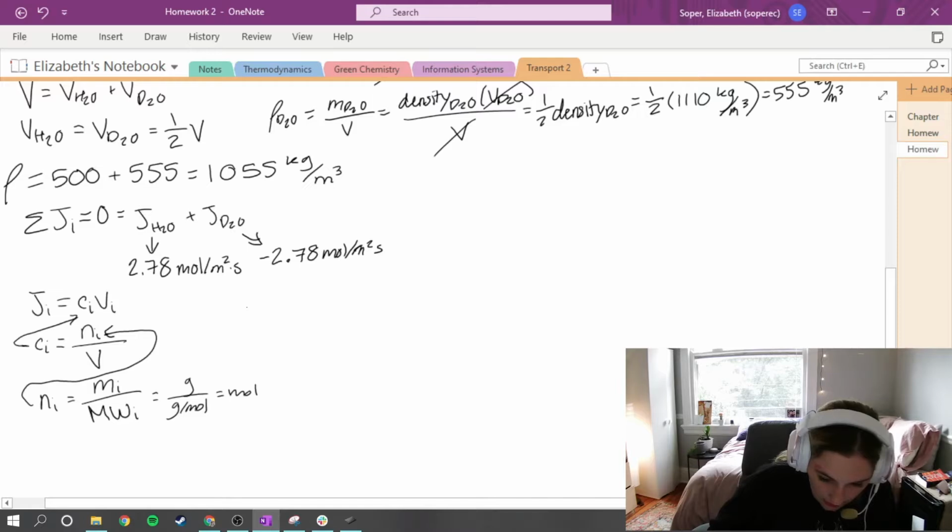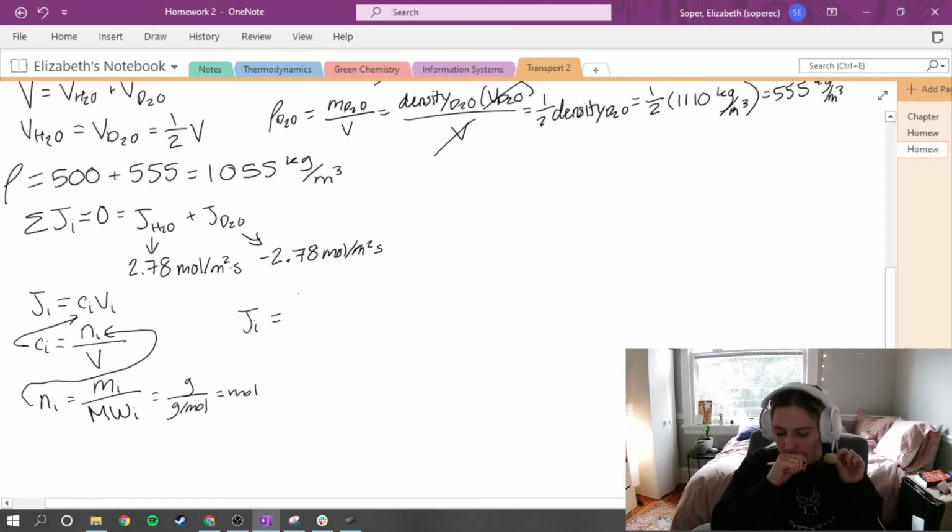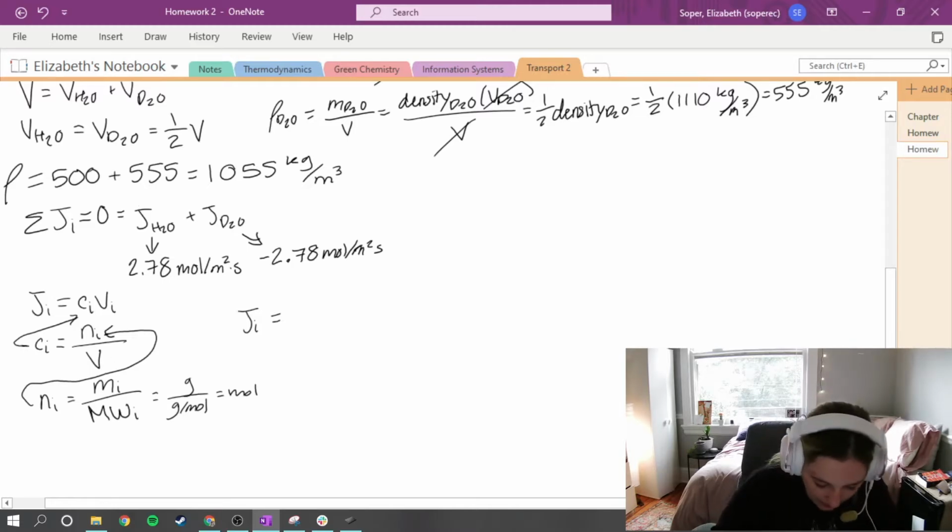So we get molar diffusive flux equals Ni over V times Vi. The Ni over V, which is moles over volume: we know that moles equals mass over molecular weight, so let's plug that in.